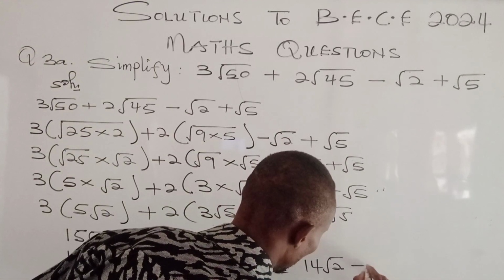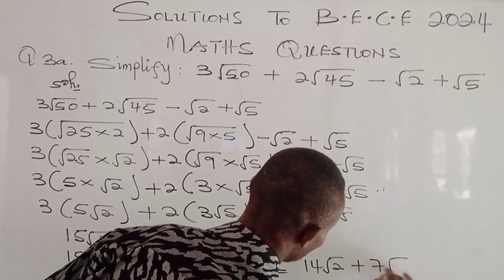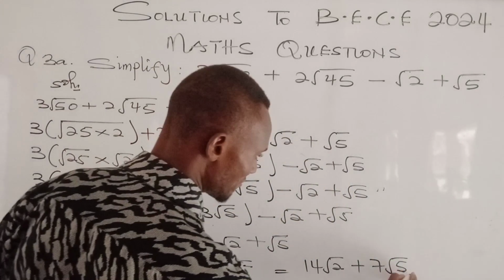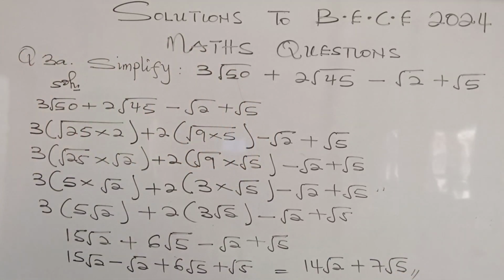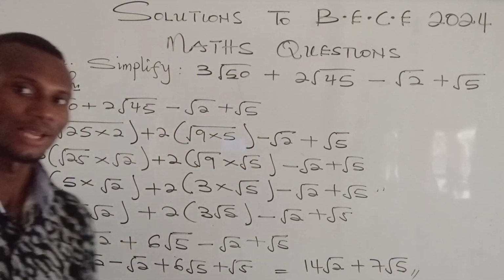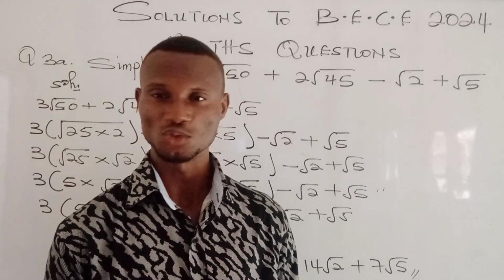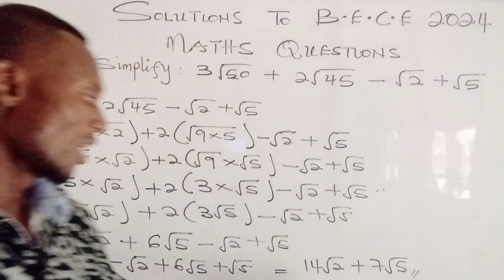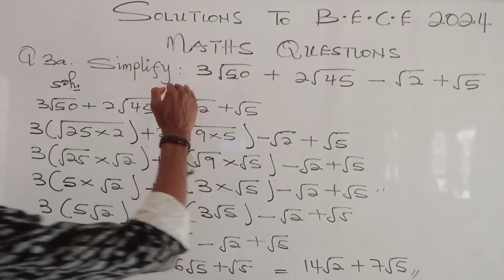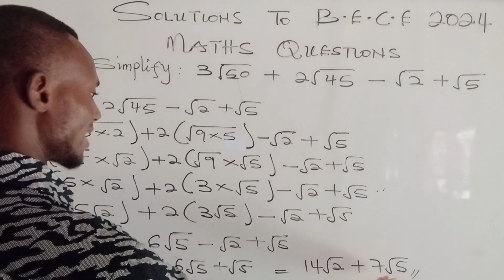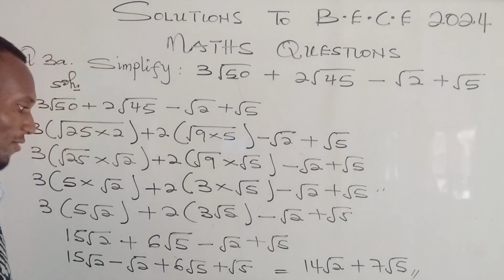So plus 7 root 5. Now this becomes our final answer, which we cannot simplify further, because the root 2 and the root 5 are not like terms. So our final answer for simplifying the given question on the board is 14 root 2 plus 7 root 5.